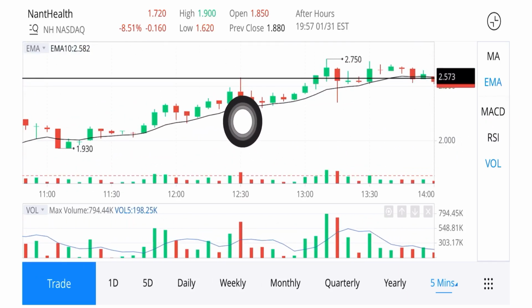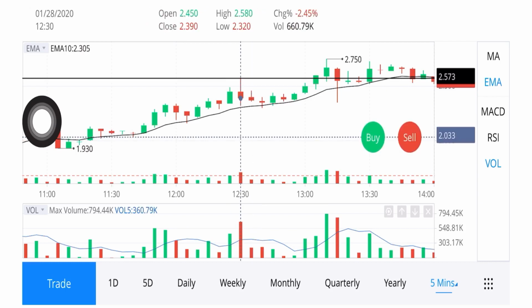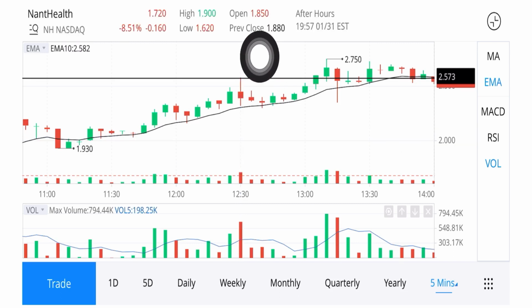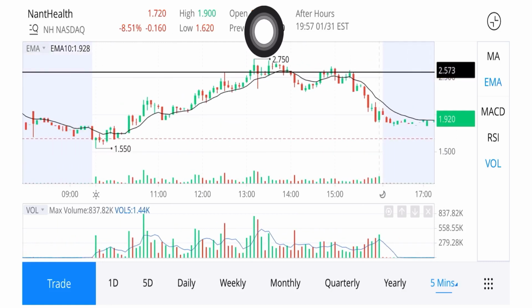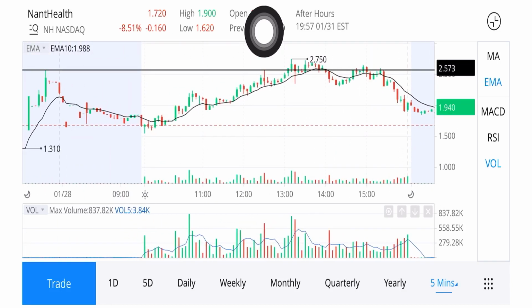This right here is $2.58. So we see that the selling pressure starts to come in right here at resistance. So that's a very key thing to note when we're considering high probability trades.